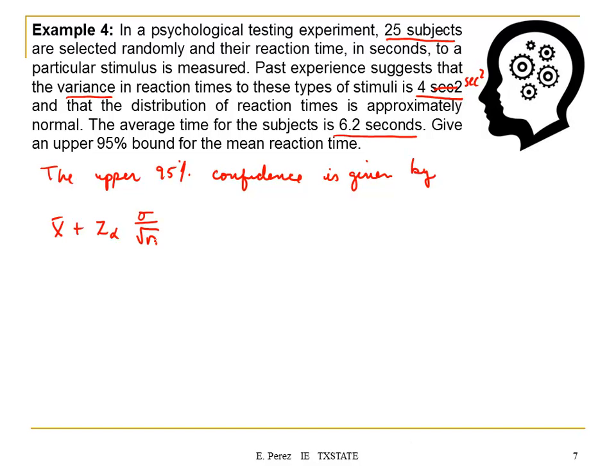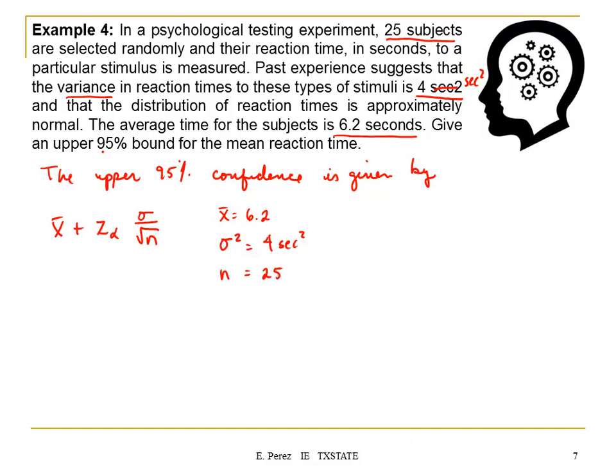What information do we have? The sample mean, which is 6.2 seconds. We know the population variance, so that's why I'm using sigma squared. And we know the sample size, which is 25.